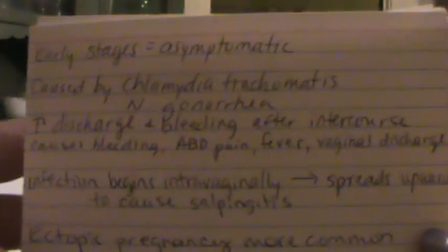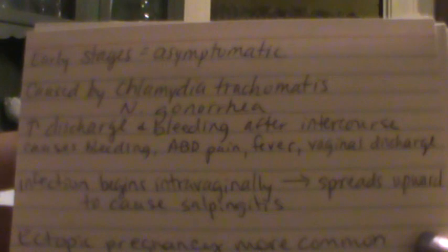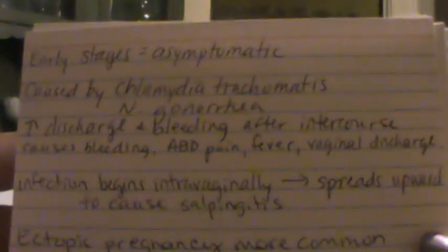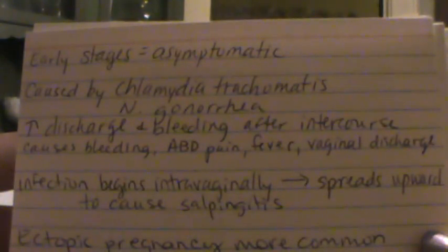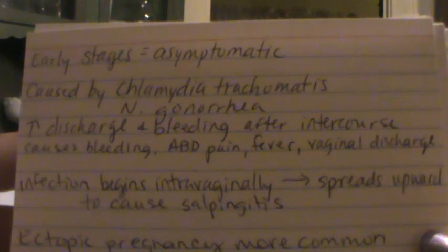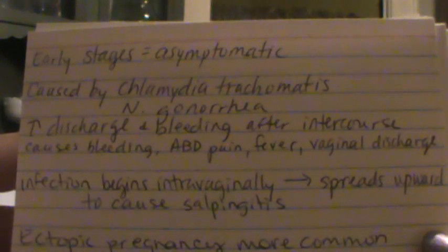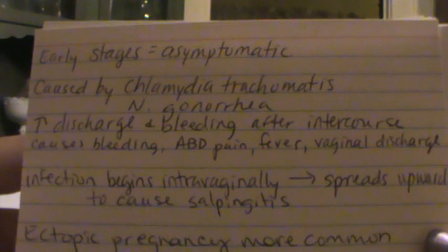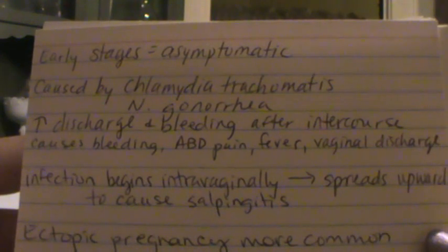What are some characteristics of pelvic inflammatory disease? In the early stages of pelvic inflammatory disease, your patients are most likely going to be asymptomatic. Pelvic inflammatory disease is most often caused by chlamydia or gonorrhea. There's increased discharge and bleeding after intercourse.